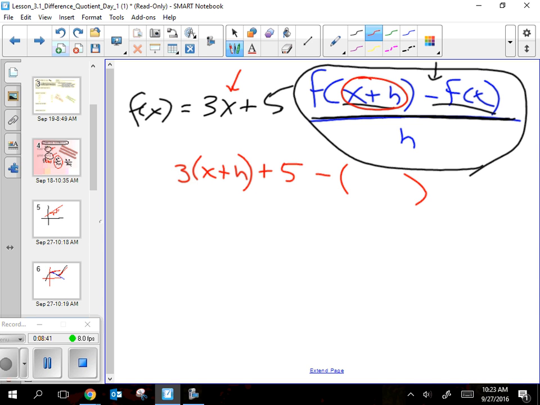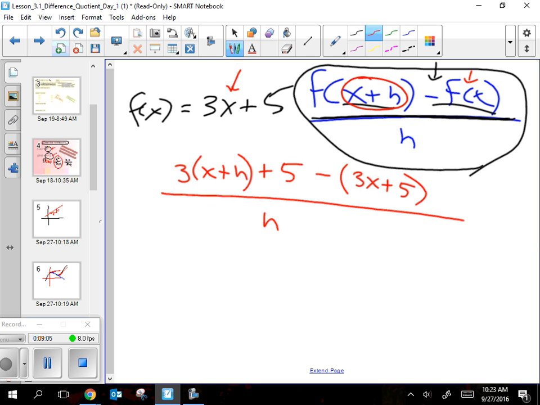And in that parentheses, Mr. A, what do I drop in? Yep. The original function. See, I'm doing this part. And that's all over what? H. Just H. All right, now simplify the top part down.